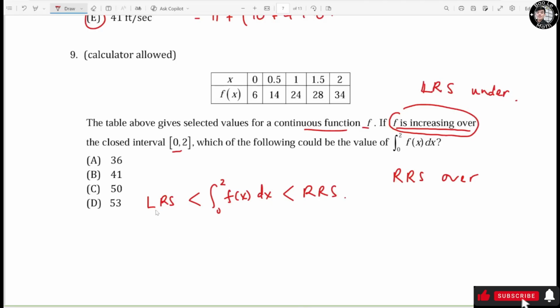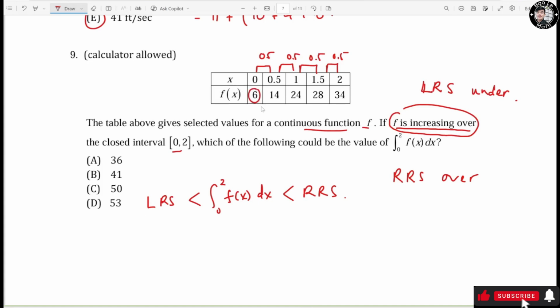Now we need to calculate the approximation using the left Riemann sum, right? So we look at this one right here, the width is 0.5. This is 0.5, this is 0.5, and this one is 0.5, right? So it's going to be length times width, right?